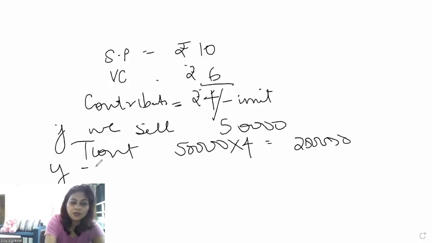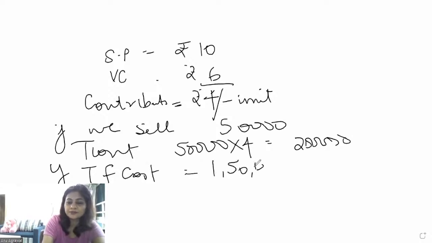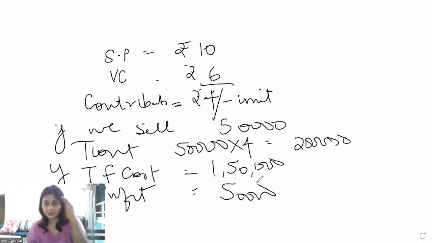If my total fixed cost is 1,50,000, then you know that you are earning a profit of 50,000. Now look at it. It is so easy. Back of the mind, we are very, very clear that, okay, if we are making, producing, and selling 50,000 units, I will be earning a profit of 50,000.